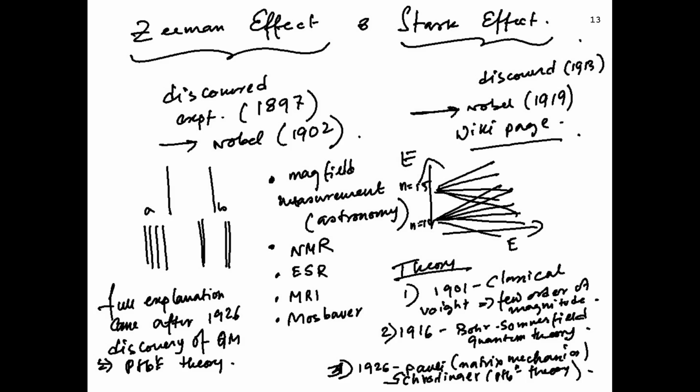Around 1913 actually, the same year the Stark effect was discovered, the same year Bohr came up with his atomic model, people also tried to understand this with the Bohr-Sommerfeld quantum theory, but this also failed. It was closer, but it failed to explain these effects. It was only in 1926 when Pauli, using matrix mechanics, and Schrödinger, using the standard perturbation theory, succeeded.